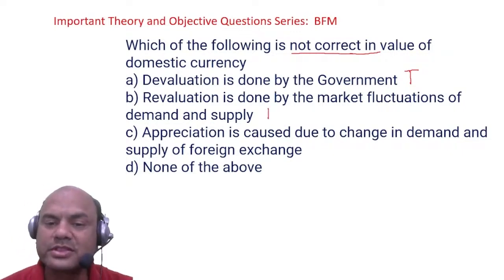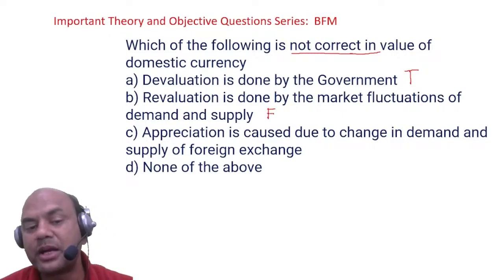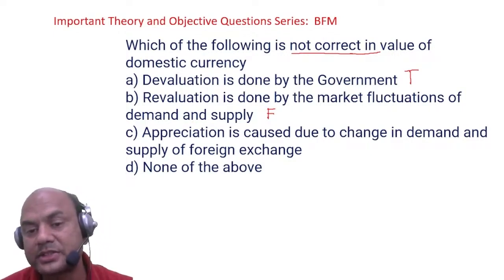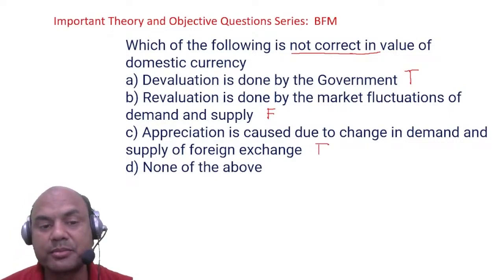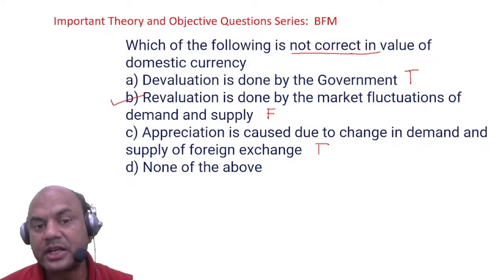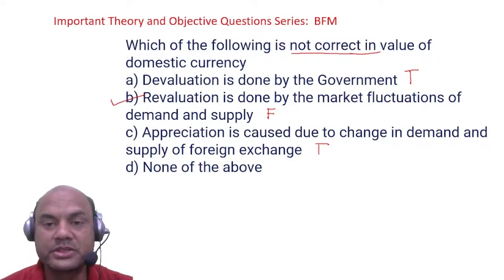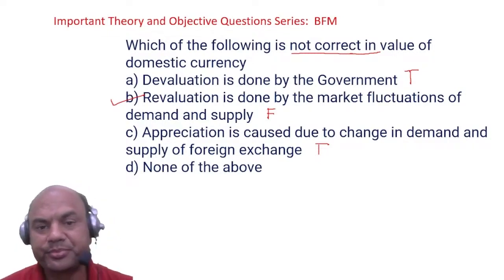So this is false. Appreciation is caused due to the change in the demand and supply. So that is true. So we want not correct. B is the answer. Revaluation and devaluation are done by the government. They are not done by the market forces. Market forces do appreciation and depreciation.